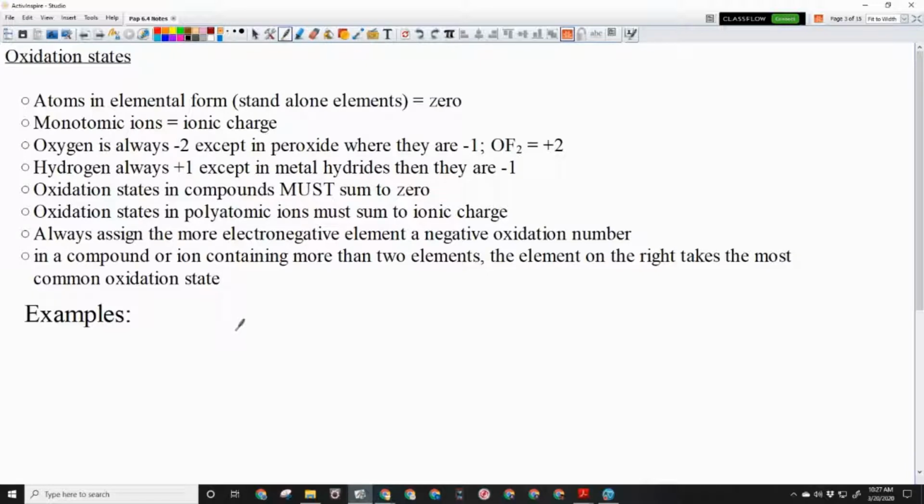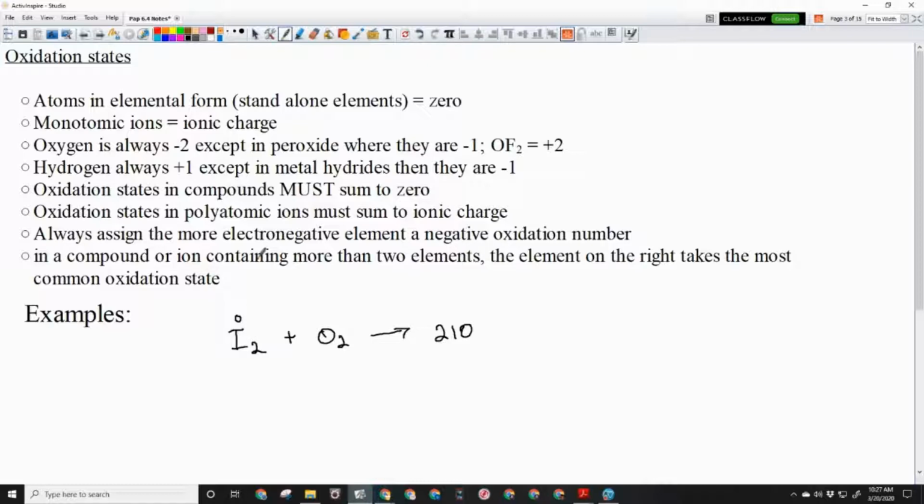So say, for example, you have I2 plus O2 yields 2IO. Well, this is an elemental form, a diatomic element, so its oxidation state is going to be 0.